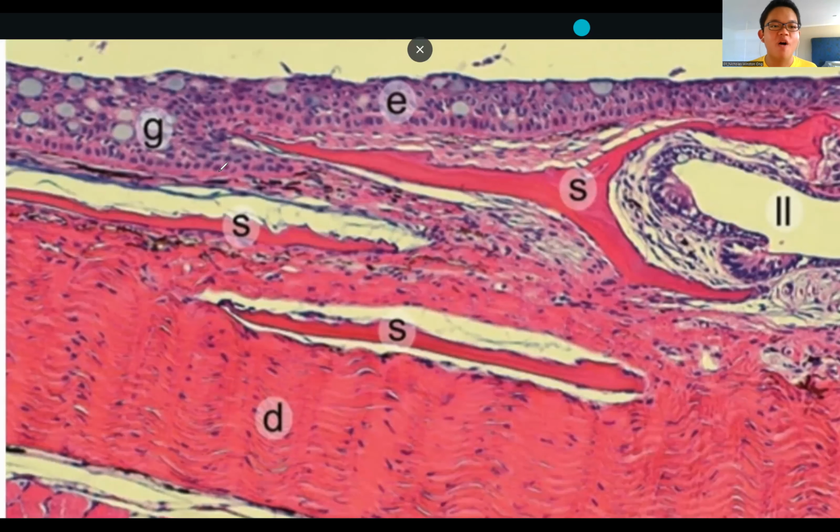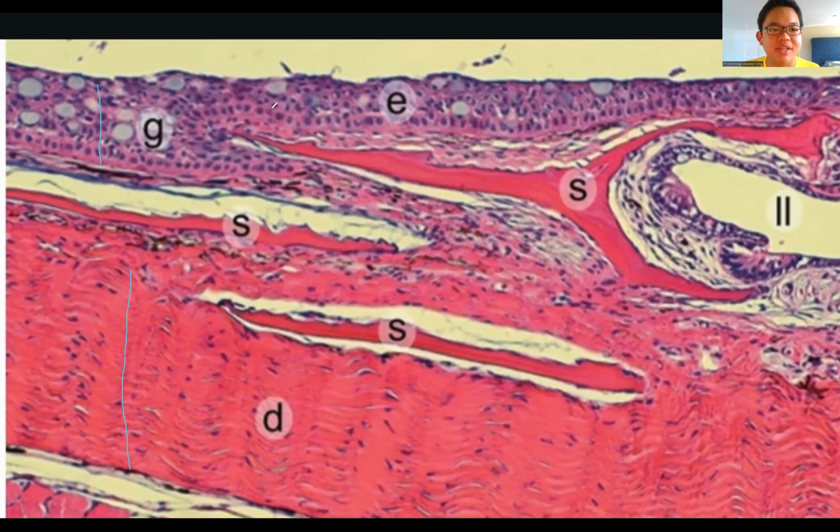Similar to the skin of mammals, reptiles, or other animals, the skin is divided into the epidermis, which is right here, and the dermis, which is right here, labeled D. But the fish has a very special skin structure.